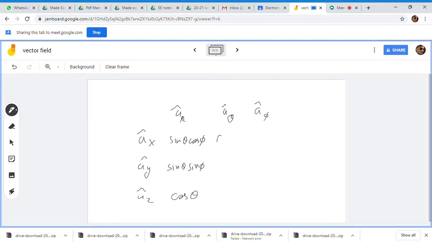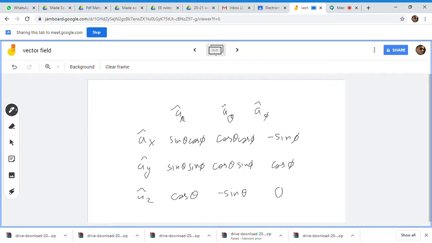You have to learn this. This will be very useful. Cos theta cos phi, cos theta sin phi, and this is minus sin theta, and the last one minus sin phi, cos phi and 0.